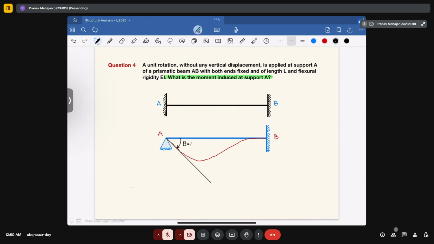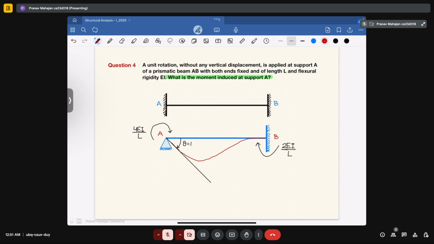Now when you provide unit rotation, you already know that when the far end is fixed, the amount of moment generated will be equal to the stiffness coefficient that we have already defined in the previous class, and its value is 4EI upon L. So when there is 4EI upon L in the clockwise direction, its carryover moment equal to 2EI upon L will also act at the fixed end point, that is at support B. That means it will be equal to 2EI upon L.